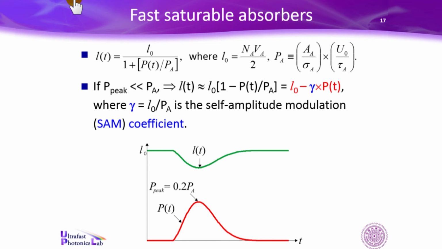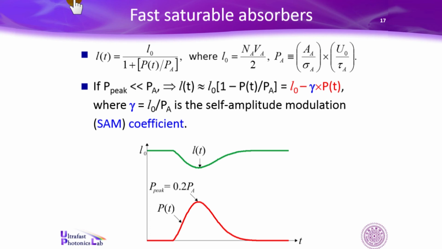Okay? And in this model, the gamma coefficient is L0 over PA. You just compare the coefficients. Okay? And this is the so-called self-amplitude modulation coefficient, or SAM coefficient.